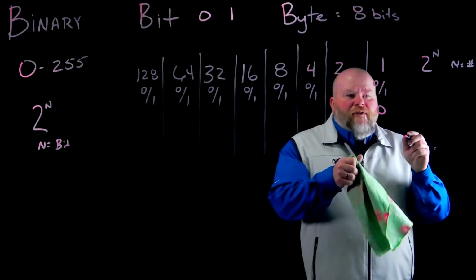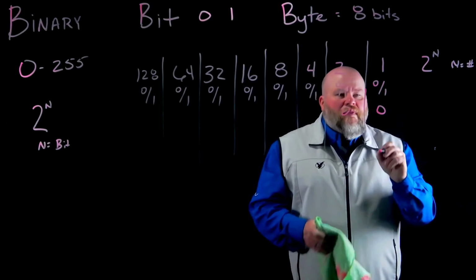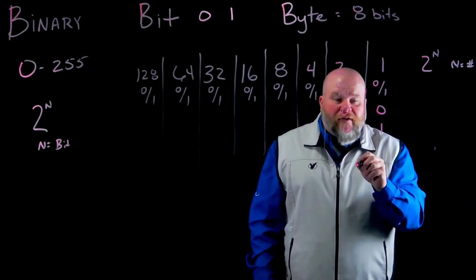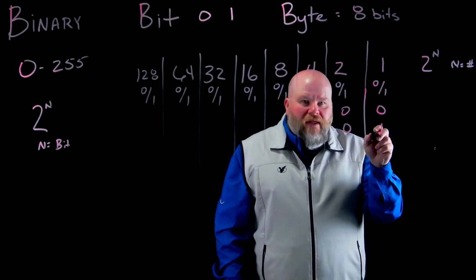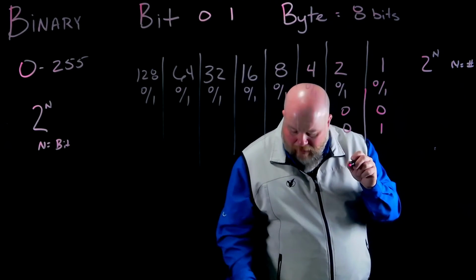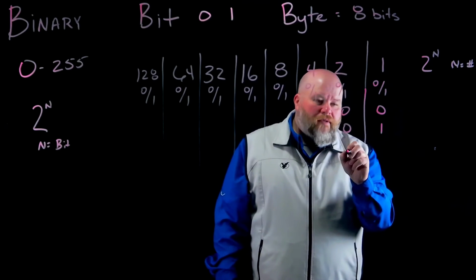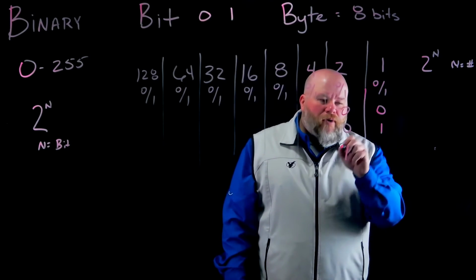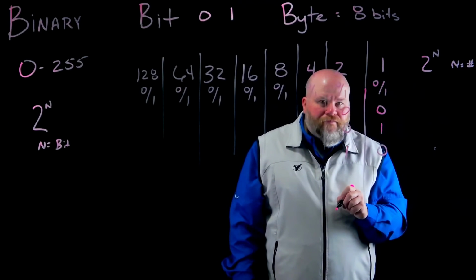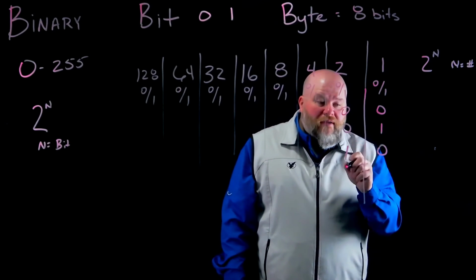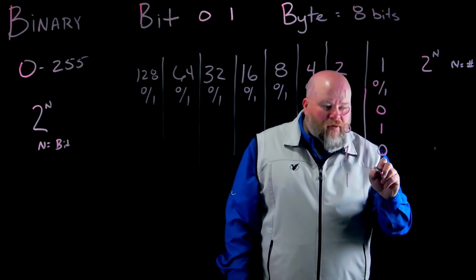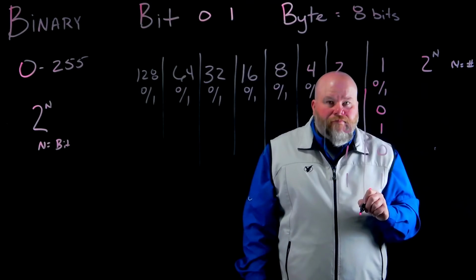For a value of 1, then we would have this bit on, this bit off. For a value of 2, this bucket is full, so it has to pour over to the next bucket. So for the value of 2, it's poured over, thus emptying the first one. For a value of 3, this bucket is still full, and now we're going to fill this bucket back up.